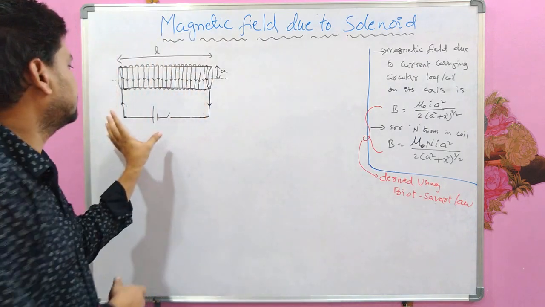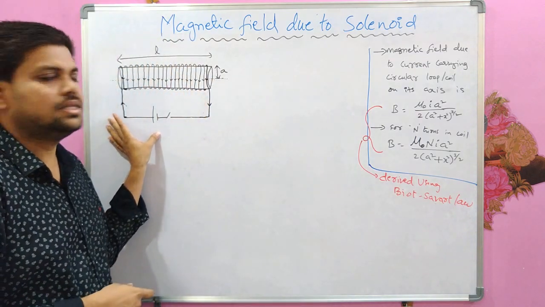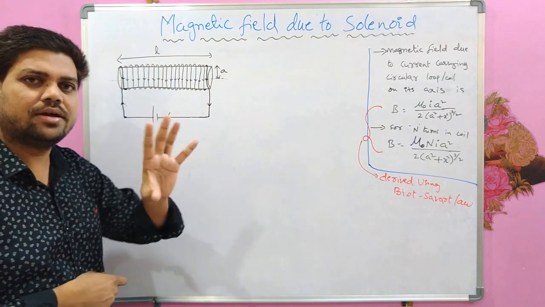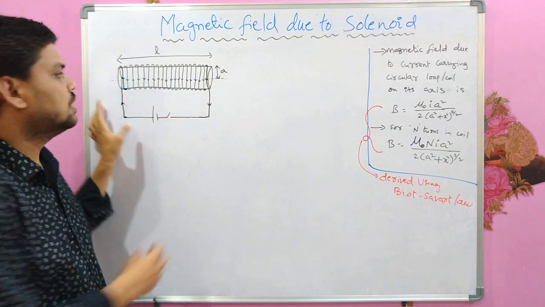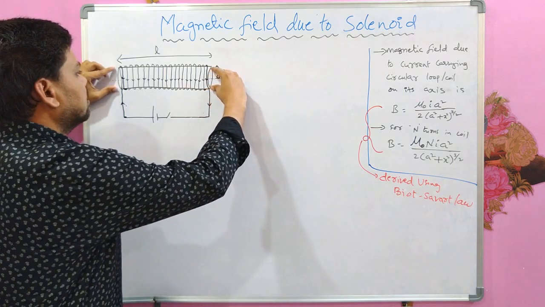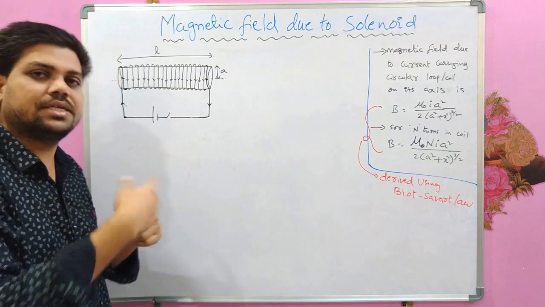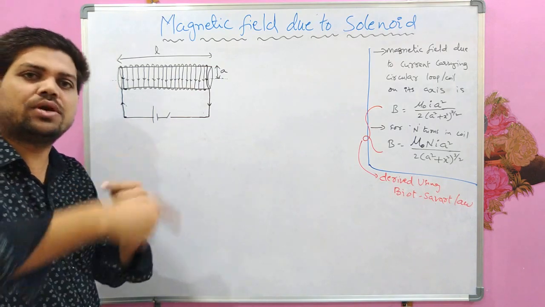You can see the picture here. This is the solenoid. This is how the solenoid looks. This is a cylindrical core, which is non-conducting material, over which a wire is wound like a helix.